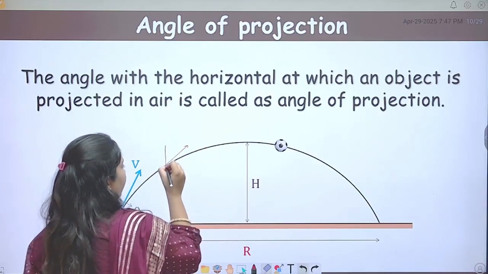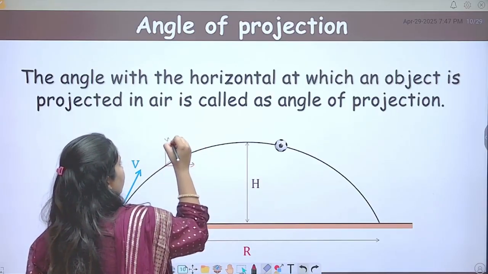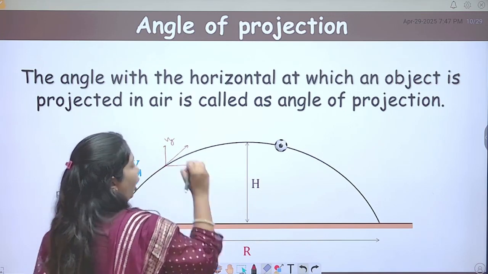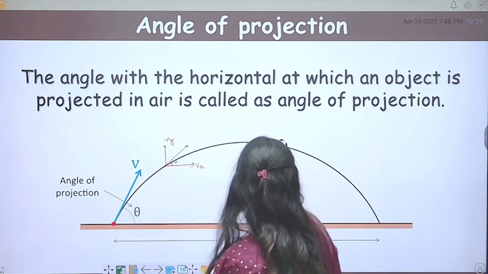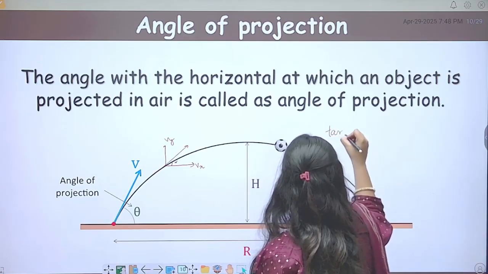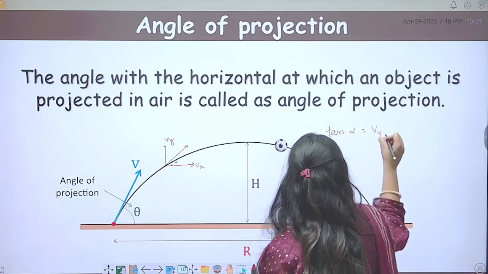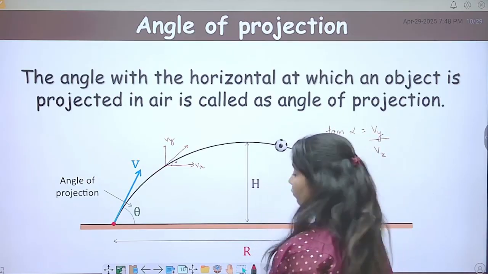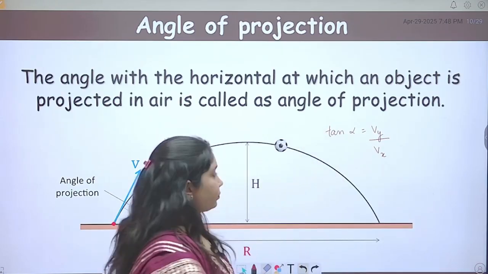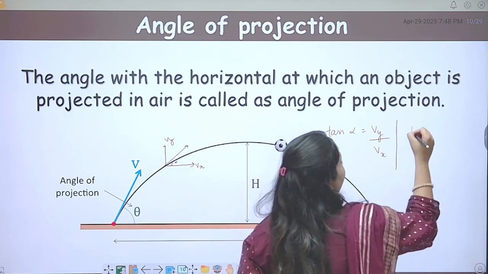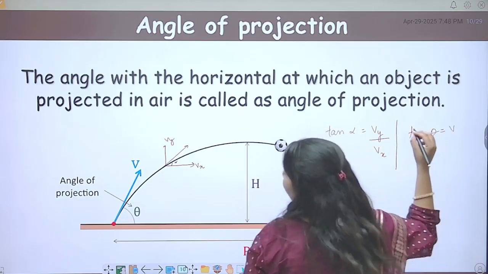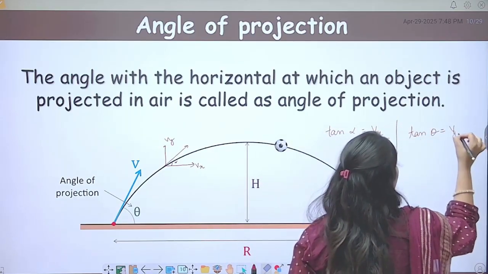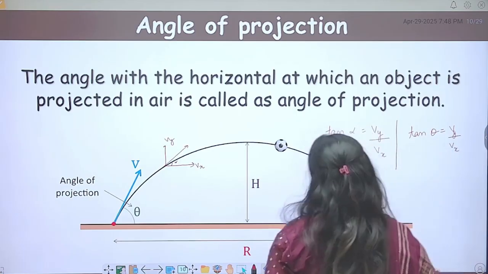Again, how can you find the slope? Suppose tan alpha is equal to Vy by Vx, and tan theta is equal to Vy by Vx.